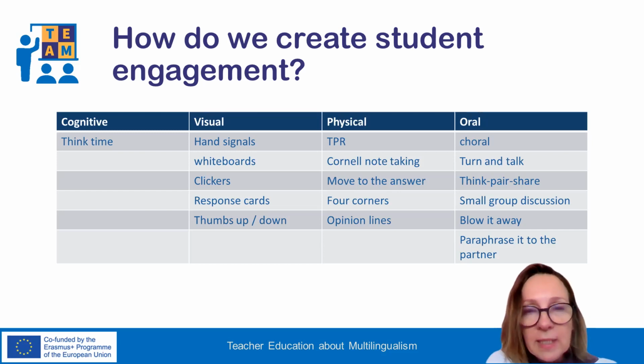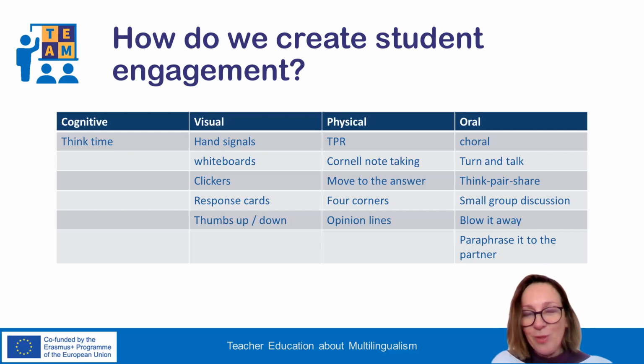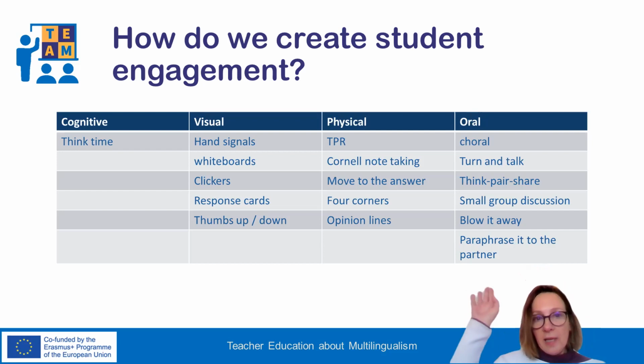The cognitive engagement, the opportunity to respond cognitively, is the think time. So we tell students, okay, you have 2 minutes to think about it. This engages students cognitively. And then they can respond visually. So this is an opportunity for them to be engaged visually.